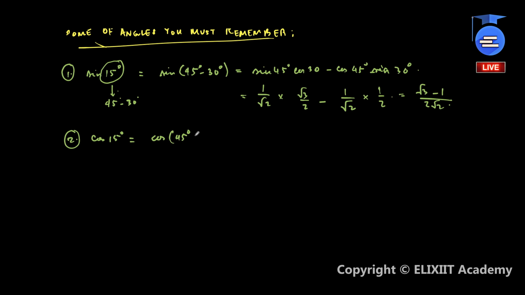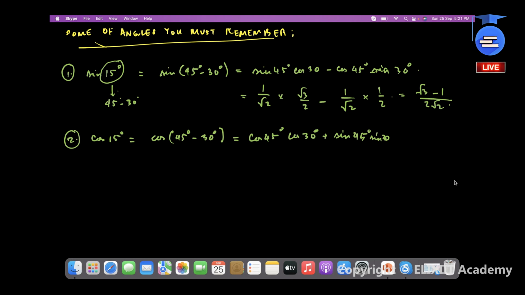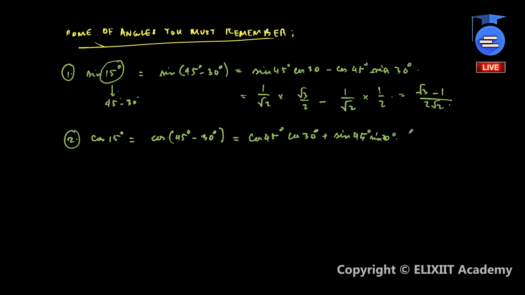So this is cos of 45 minus 30, and then simply use the formula for cos A minus B. So cos A cos B plus sin A sin B. We have done the formula for cos A minus B in the previous lecture.